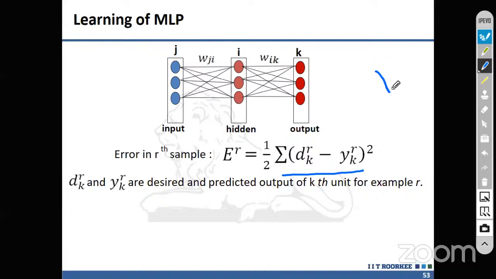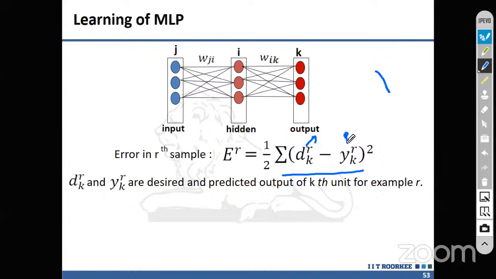How does this entire equation look? This is here, you see this. In this equation, D is what? D is the actual output, the expected output. No, D is the ground truth, and Y is the predicted output.